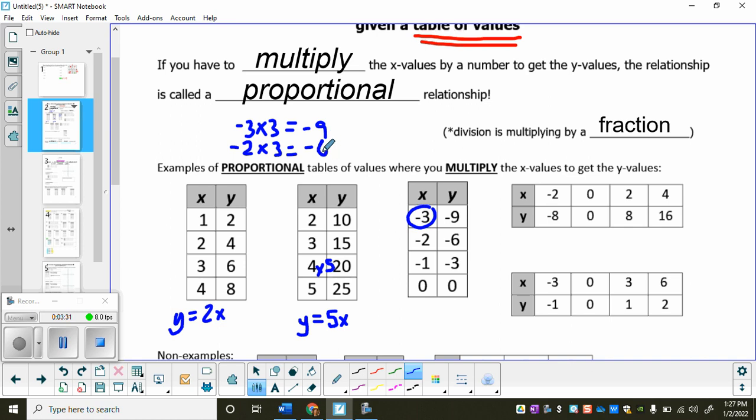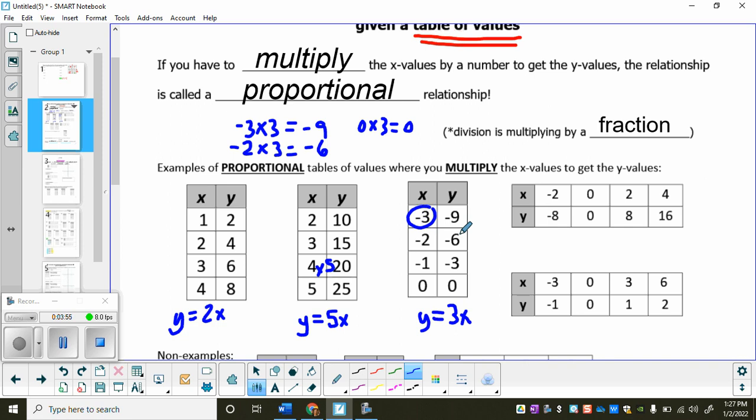Okay? So it looks like for each of these, I'm doing times 3, times 3, times 3. And you guys remember that 0 times anything is always going to be 0. So it would work even here. 0 times 3 is still a 0. So for this one, our equation is going to be 3 times each of these x's is how you're going to get each of these y's.